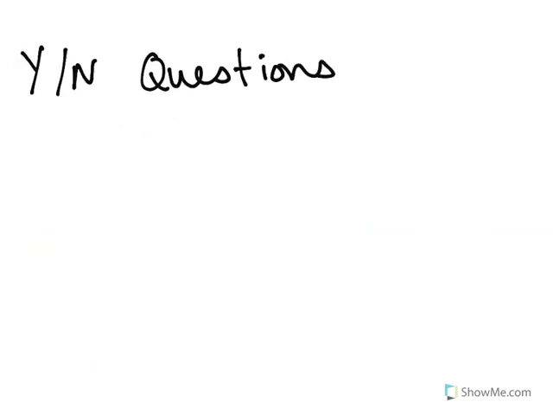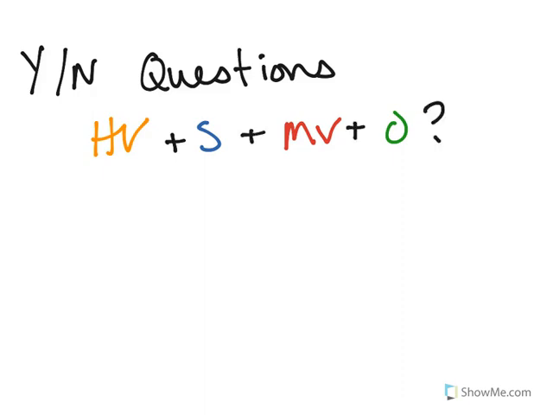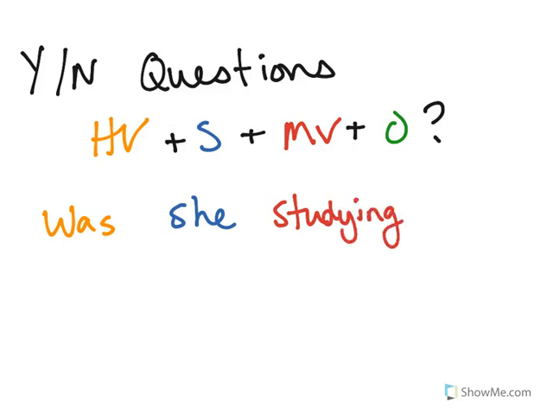For yes or no questions, I follow the similar pattern that we've seen before. Helping verb first, then subject, then main verb, and then object. And don't forget that question mark at the end. So let's look at an example. Was she studying English?